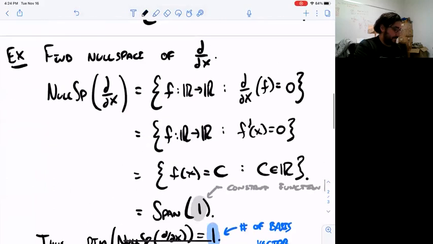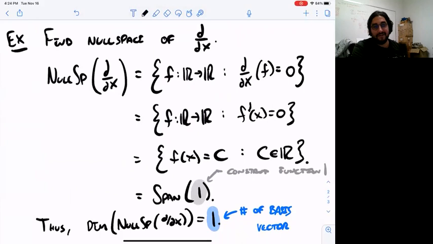Now that's all fine and dandy. There we just sort of thought about it for a derivative, right? But what if the map is a little bit more complicated, right?